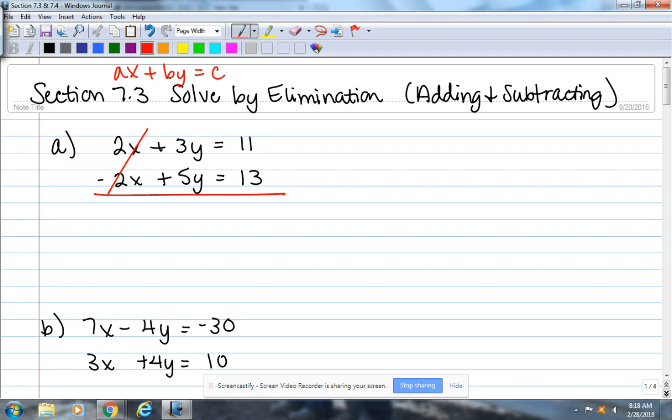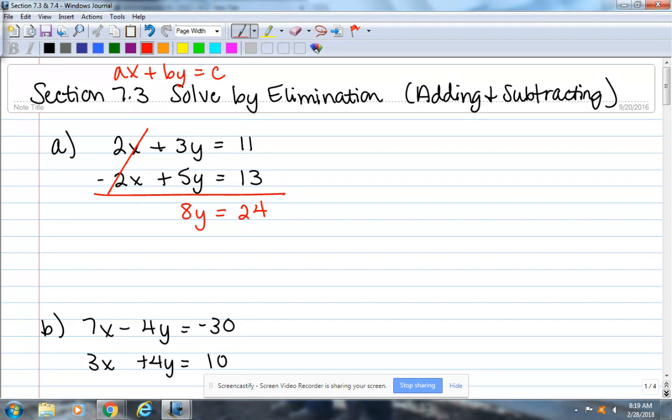Now, when you cancel them out, you don't want to scribble through so much that you can't see what the original said. Just draw a line, it's fine. And then you're going to add the y's, and then add those constants on the right-hand side. So what is 3y plus 5y? 8y. And then go down on the other side. What's 11 plus 13? 24. And now I have a little bitty baby equation. 8y equals 24.